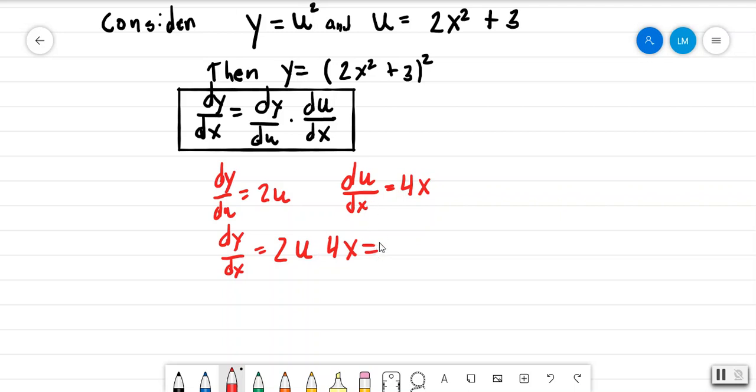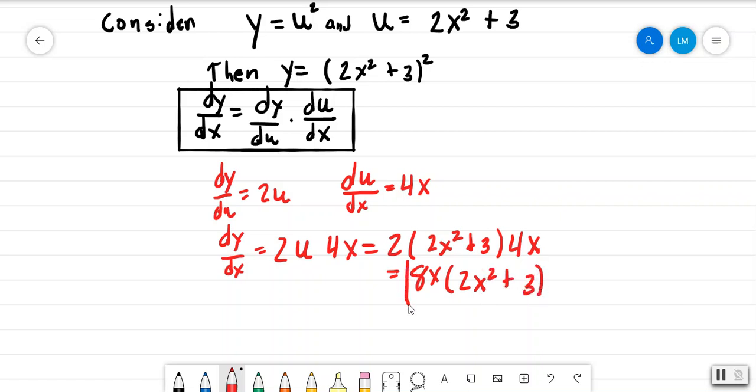So that'll be 2 multiplied by 2x squared plus 3, multiplied by the 4x, which means that this is equal to 8x multiplied by 2x squared plus 3, and that would be it.